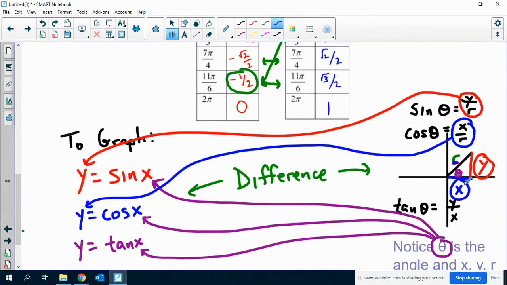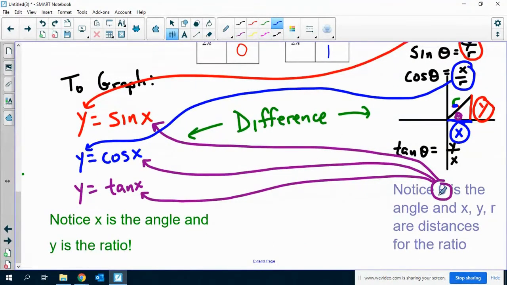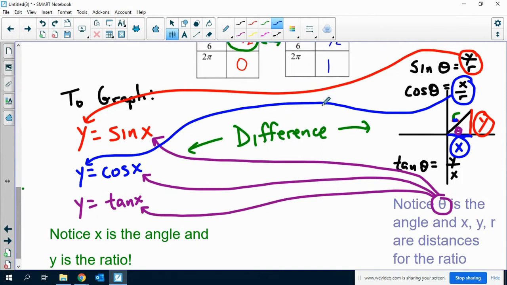So if I look at this triangle, we have now made the relationships between what theta is and the new x over here, and then these ratios and what represents the new y.